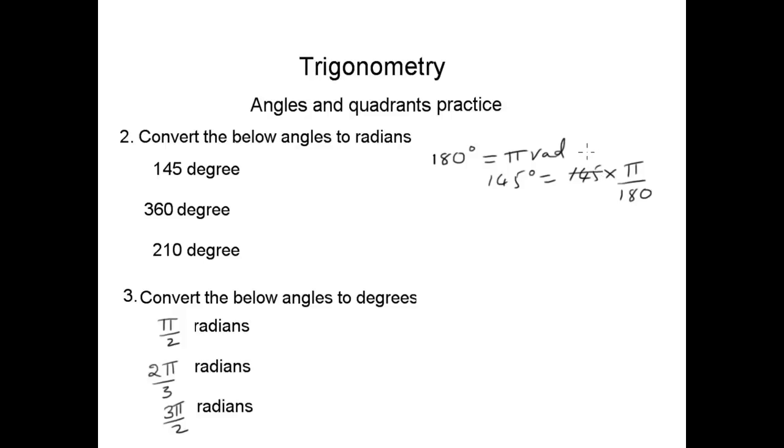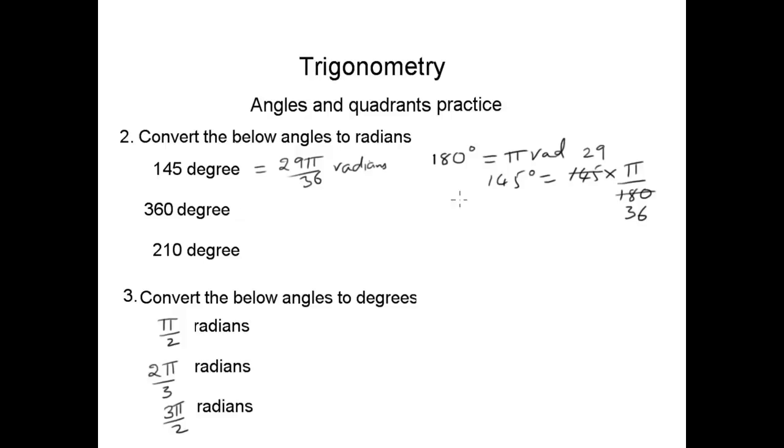5 2s are 10, 5 9s are 45. This is 5 3s are 15, 5 6s are 30... So 29 pi over 36. So this is 29 pi over 36 radians.